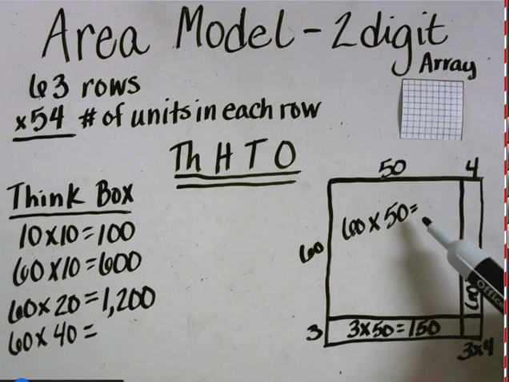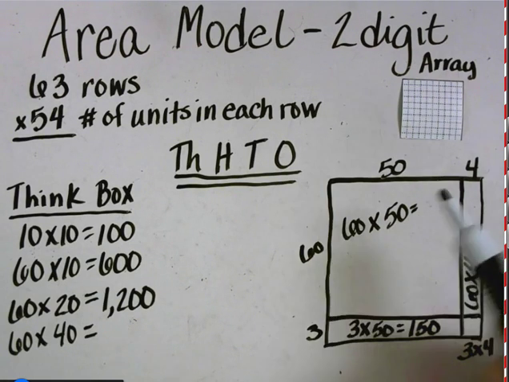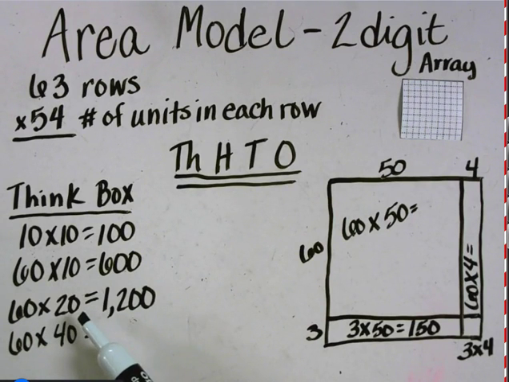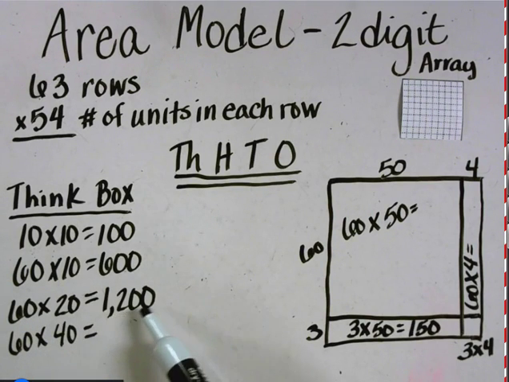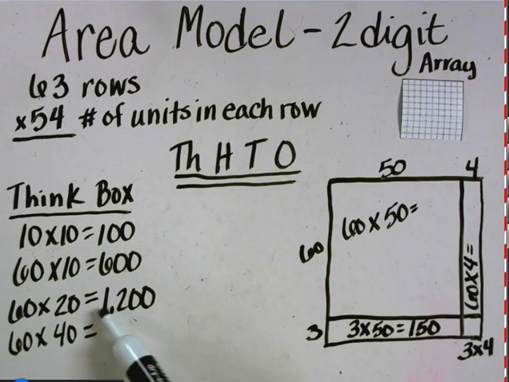60 times 50. I may not know that one right away, but I have started a think box over here that could help me with that. As I said earlier, 60 times 20 I knew was 1,200. I could use that same strategy to help me figure out 60 times 50.